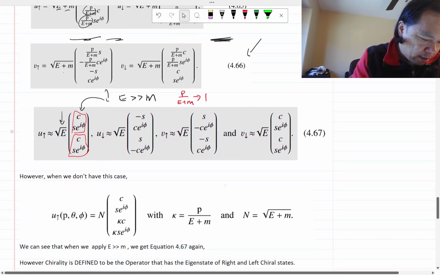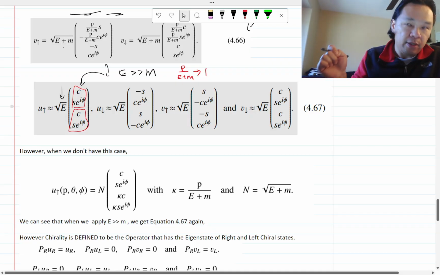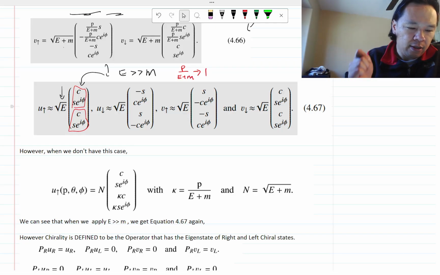However, you don't have to go to the high energy limit if we define things in terms of chirality eigenstates instead of helicity eigenstates.